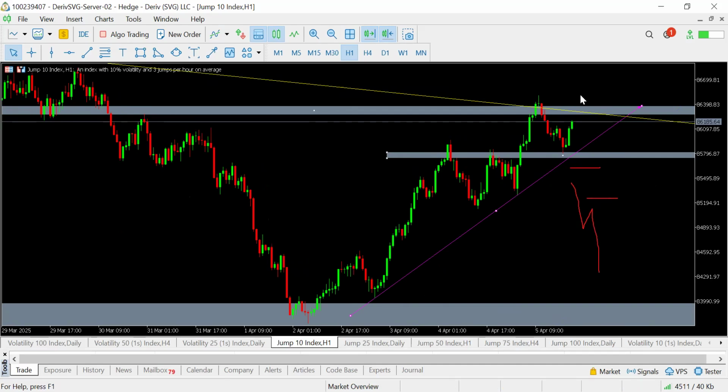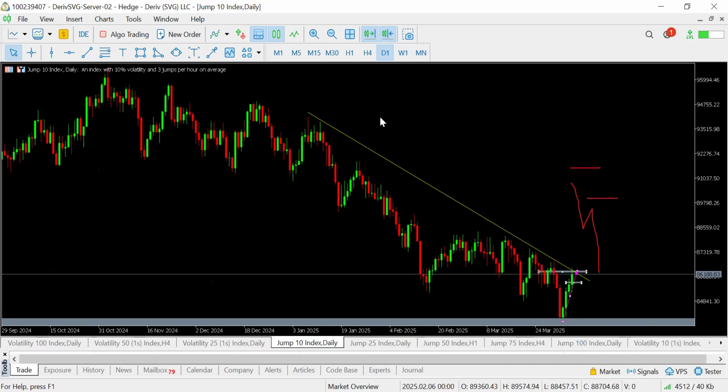And I wouldn't want to buy this market because we've already seen that the market is in a strong downtrend, except the market breaks this trend line completely and then makes a retest, then we can start looking for buy opportunities, because then there would be an indication that the trend of the market has changed.